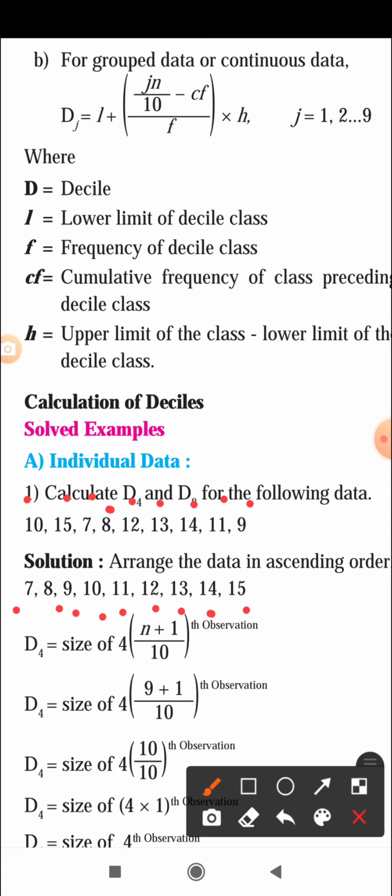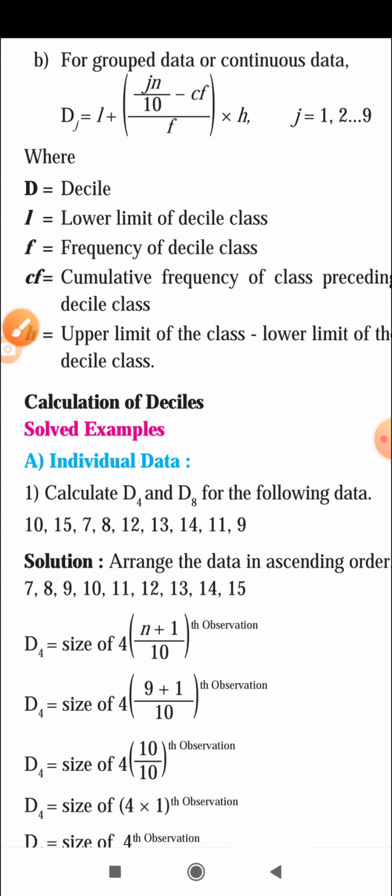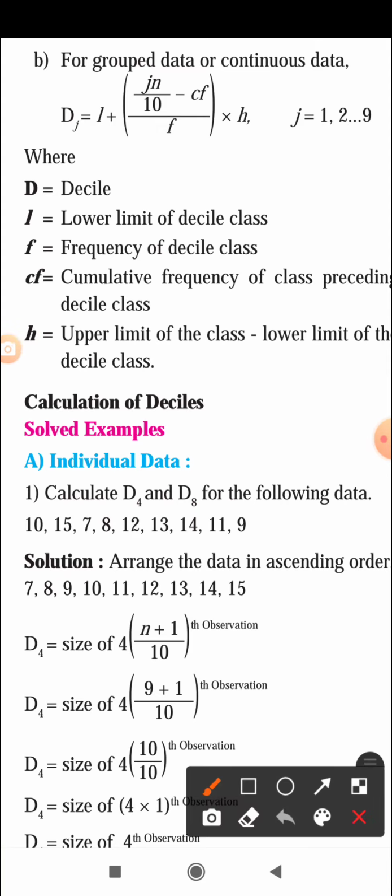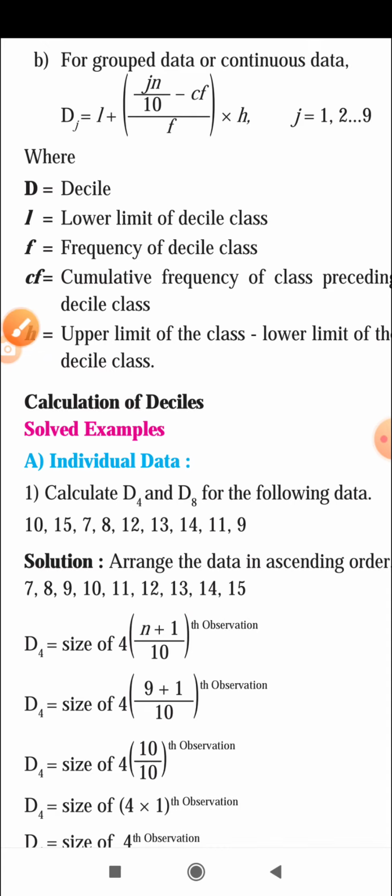Next step, find out the value of n. Counting 1, 2, 3, 4, 5, 6, 7, 8, 9, n is equal to 9. Next step, write down the formula for D4.